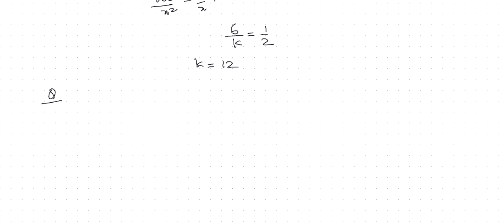Now the next question we'll do deals with absolute values again. So find the limit as x tends to 4 of 5x minus 20 over 8 minus 4x.